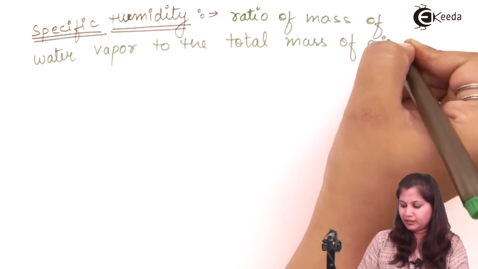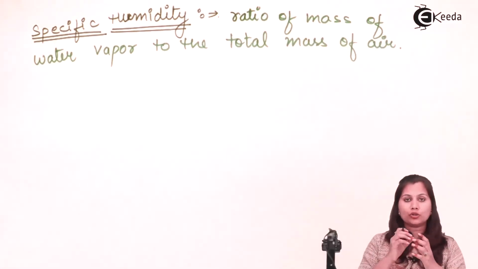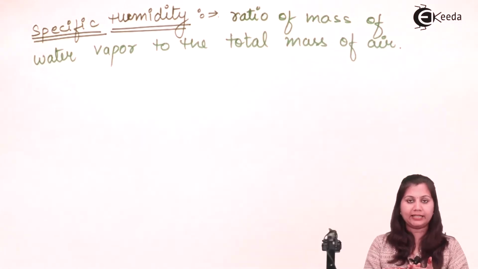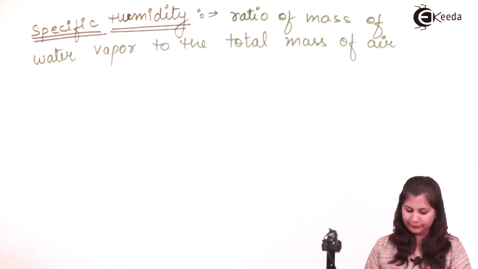So if we are taking an amount of air and we want to find out the specific humidity in that, what will we measure? We will measure the mass of the water vapor present in that air plus the total mass of that air. So that is defined as the specific humidity.